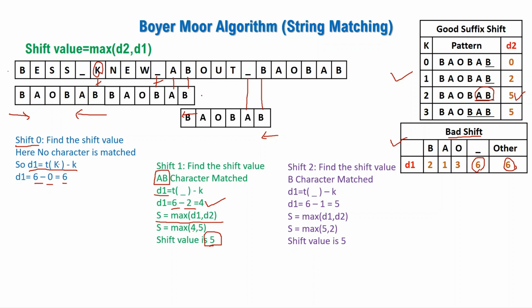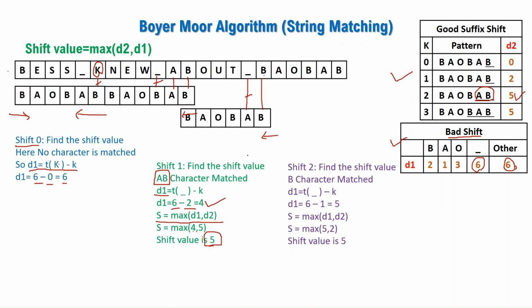Here also B is there, here also B is there. Obviously, this B should be matched with this B value, so that based on this value, all the remaining values will be considered. That is the beauty of this Boyer-Moore algorithm. So here B and B are matched, and A and underscore are again not matched.